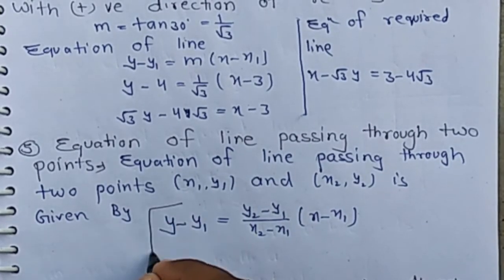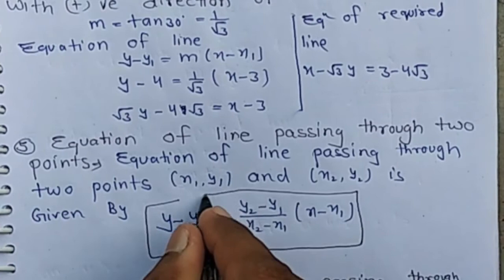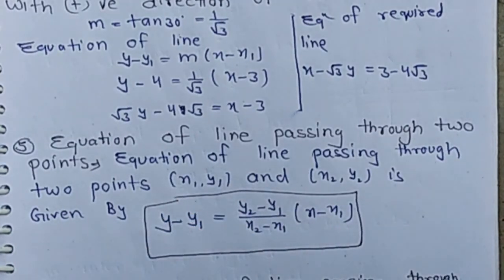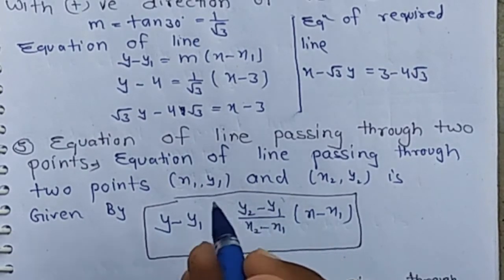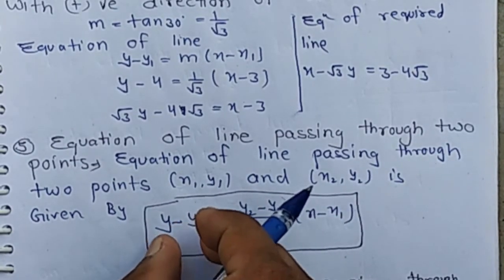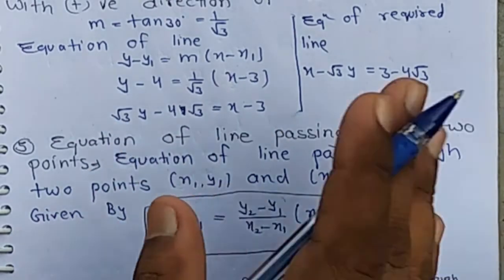It is the equation of a line passing through 2 points. It's similar to the above formula because it is the slope of the line passing through 2 points. Then it is like y minus y1 equal m times x minus x1.